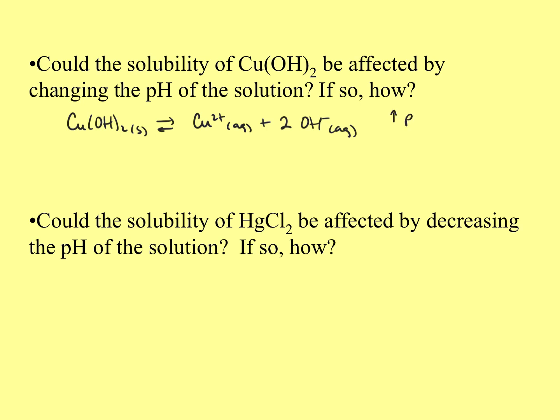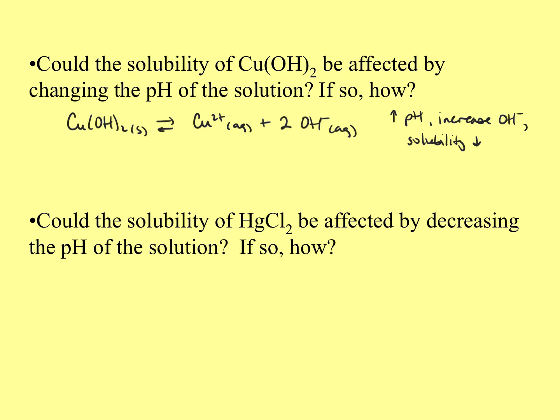How do we increase the pH? Well, that's like adding a strong base such as sodium hydroxide or potassium hydroxide. That would be increasing the OH minus concentration, and that would cause the equilibrium to shift left to the reactant, and that means that solubility would decrease since more solid is forming.